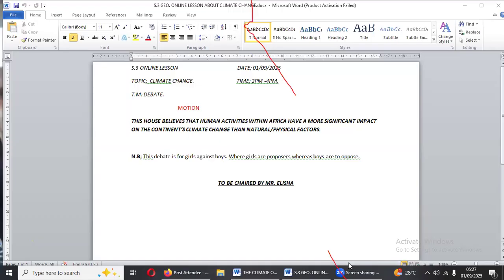So the boys come and tell us about things such as volcanicity, solar radiations. Solar radiations have an impact on climate change, but you must understand that due to the presence of human activities, these solar radiations are increasing. So it brings to our notice that human activities are the ones which have a considerable or larger impact on climate change.